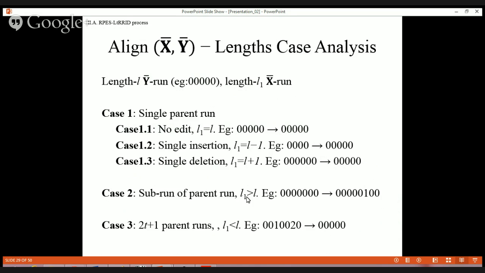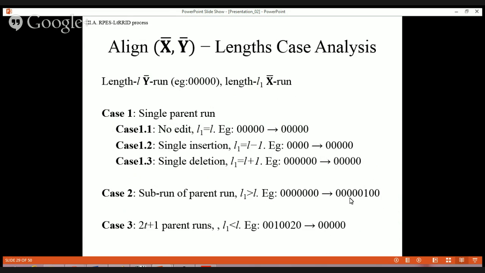The second case, case 2, is that the parent run for this Y hat run is a sub-run in X. In this case, L1 is greater than L. This is because an insertion of a different symbol in the X run breaks the X run into two runs. The corresponding example is that the X run is a length 7, 0 run, and by inserting a 1 after the fifth 0, it breaks the X run into two Y runs.